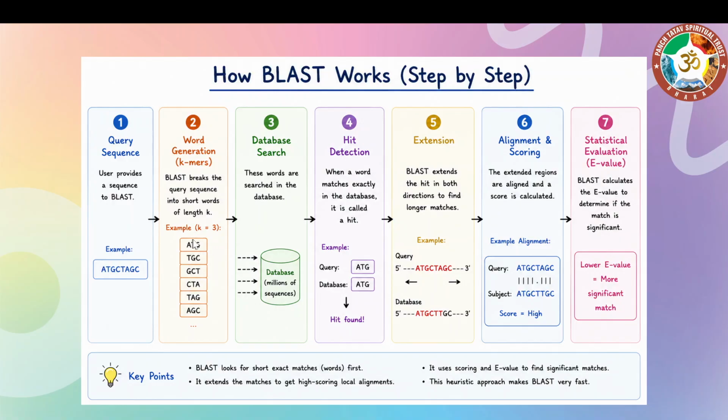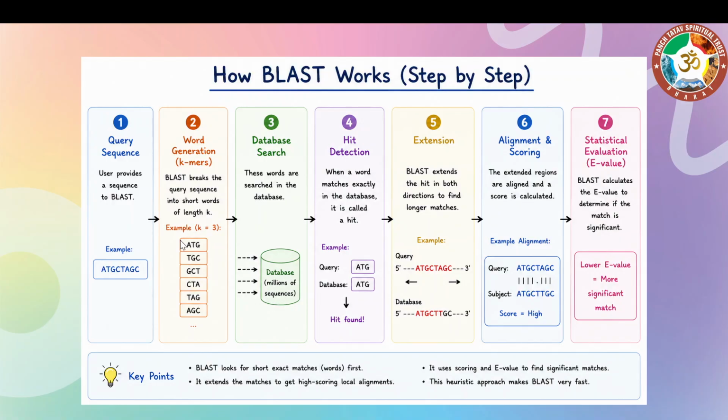Now, for example, the first word is ATG. Suppose this word ATG is found in 4 sequences in the database. In the database we have millions of sequences. Let's name these sequences: sequence 1, sequence 5, sequence 20, and sequence 105.